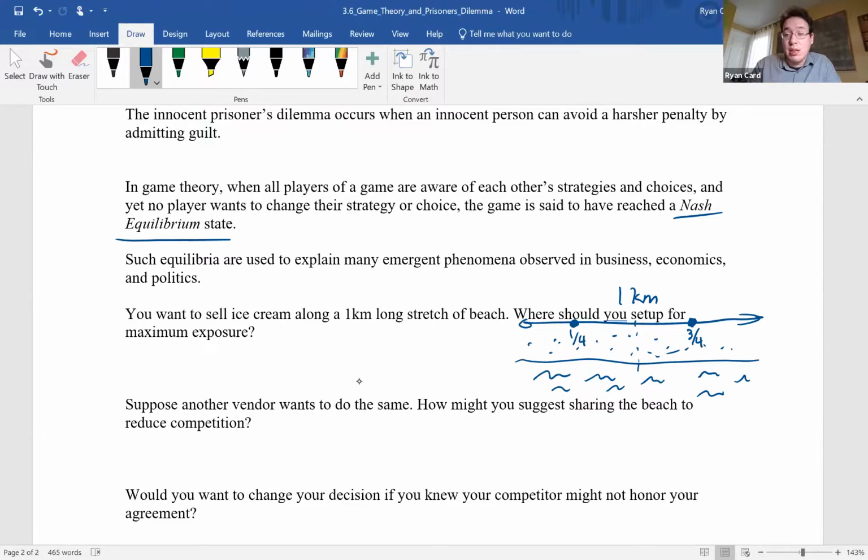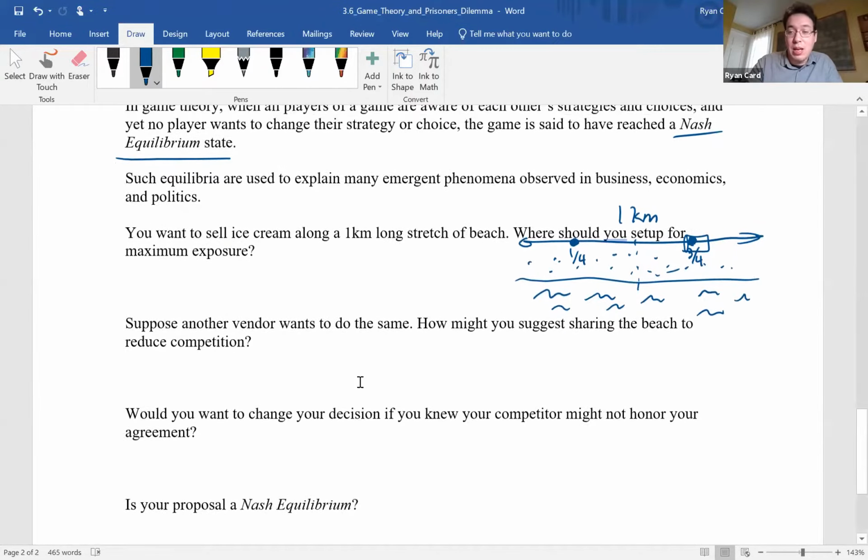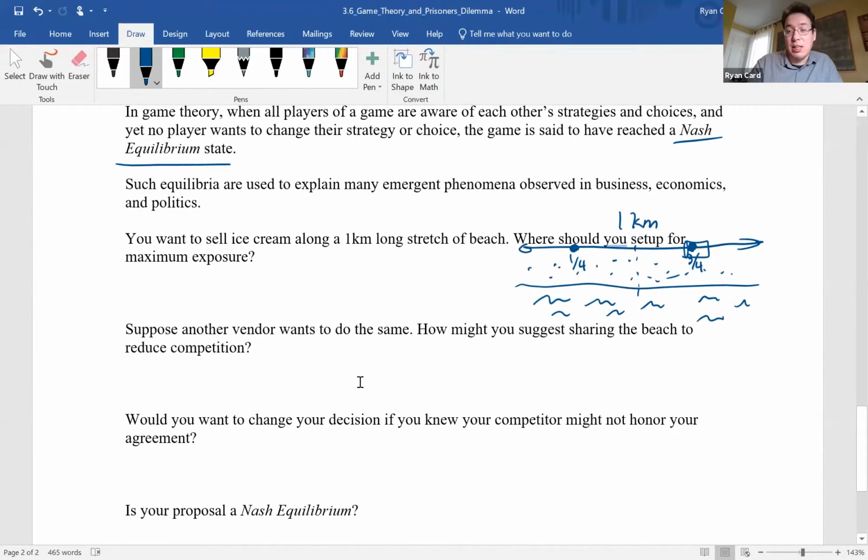If you knew that the other vendor is located there at the 3/4 along the beach, can you benefit from moving your store in this situation? Assuming that every beach goer goes to the closest store, are you encouraged in the situation to move elsewhere? And does the other vendor feel the same way?